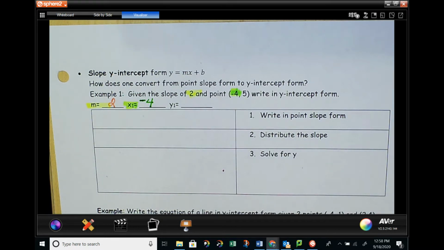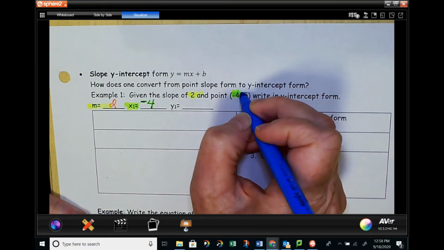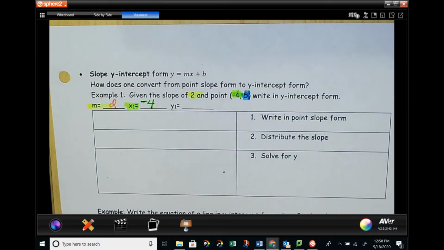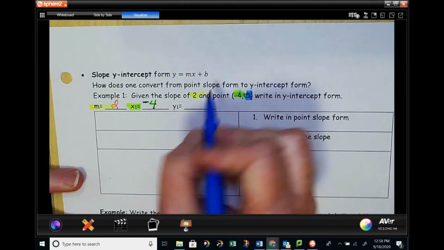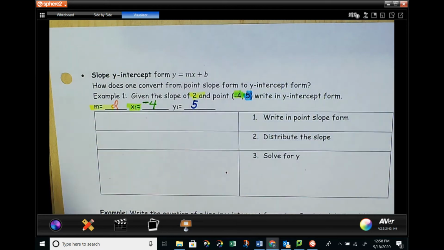And then y1 is 5. So now we're going to write this in point slope form.